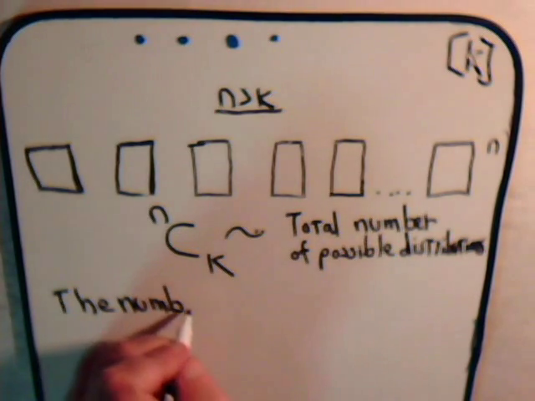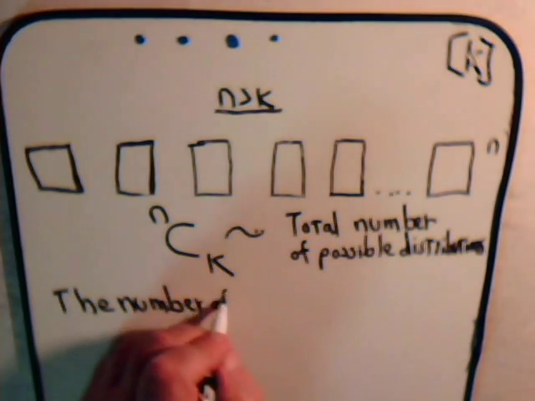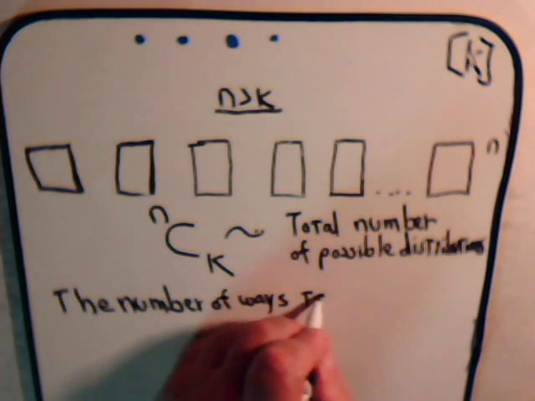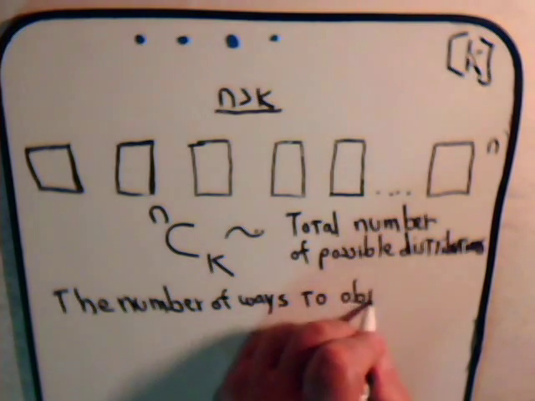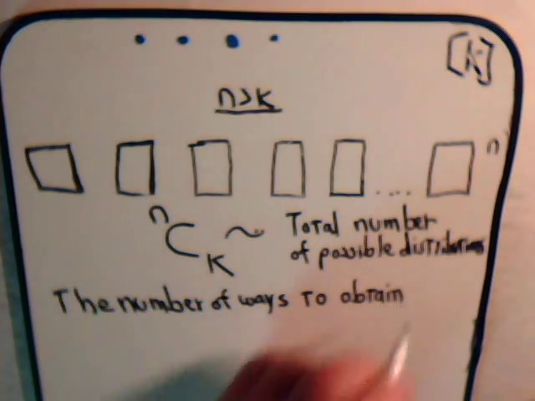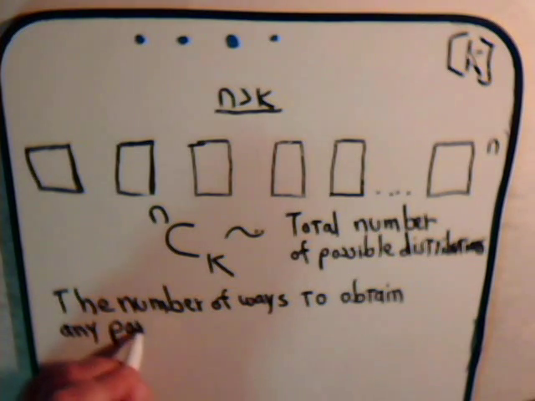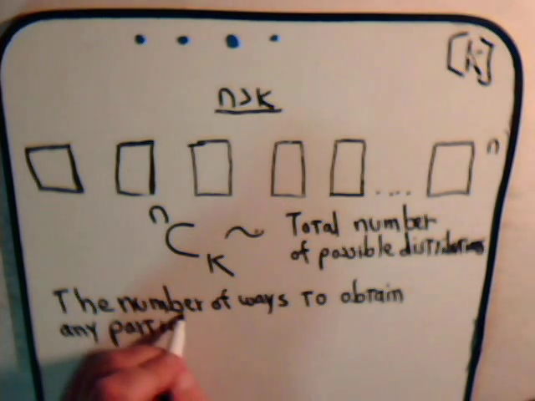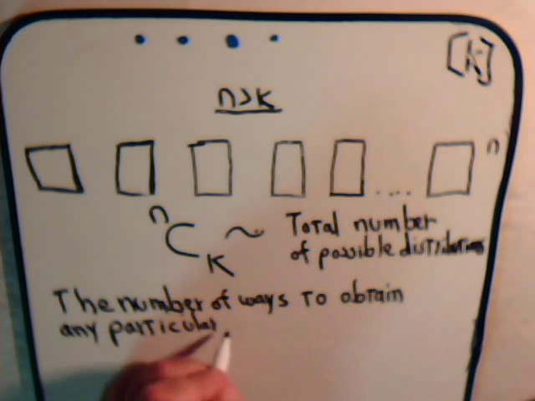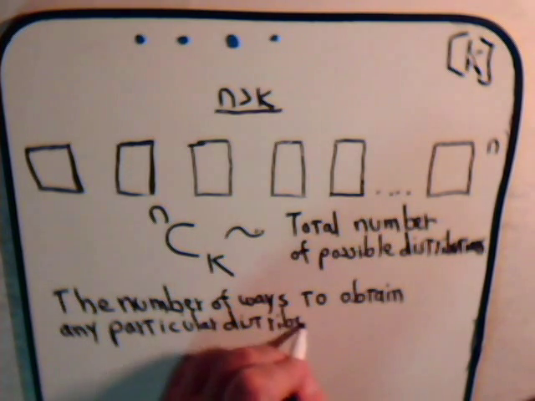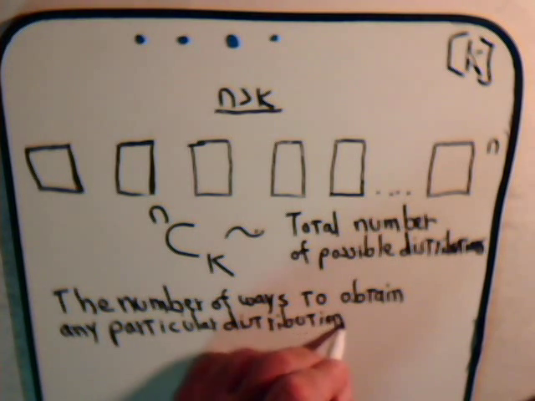Now, the number of ways to obtain any particular distribution is just one.